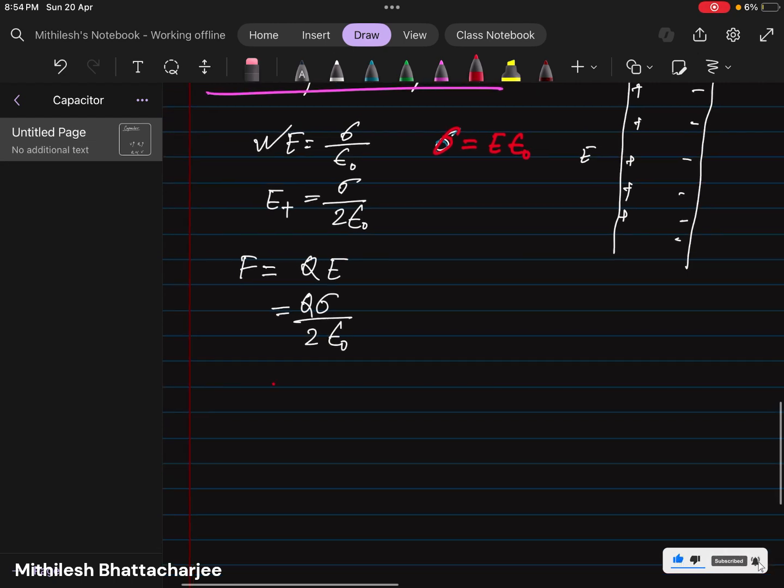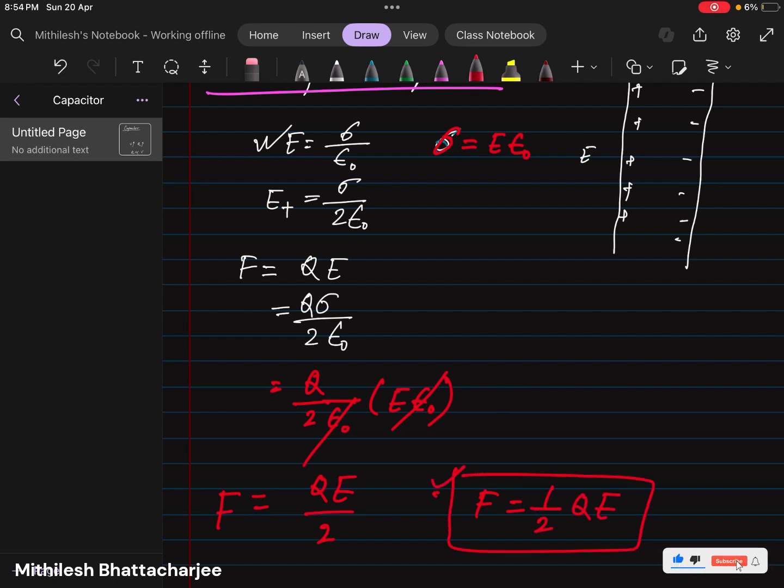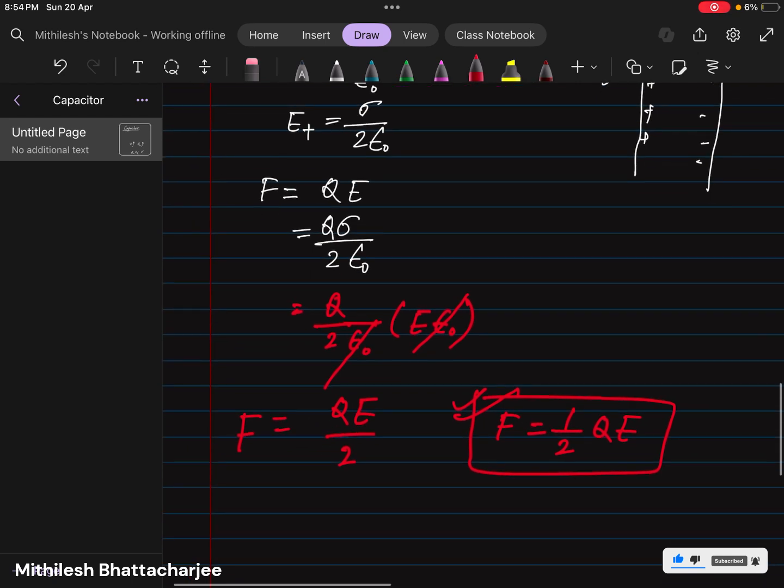Just put it here: Q by 2 epsilon naught into E into epsilon naught. Epsilon naught is cancelled. Q E by 2. So we can write force is equal to half into Q into E. This is the equation of force of the parallel plate capacitor.